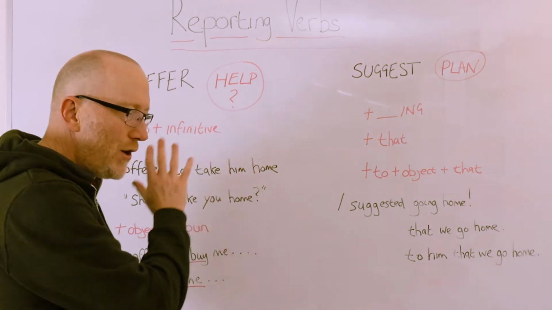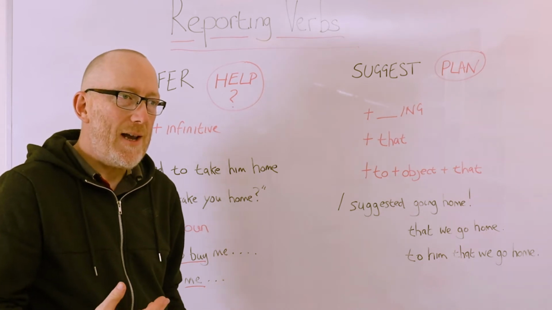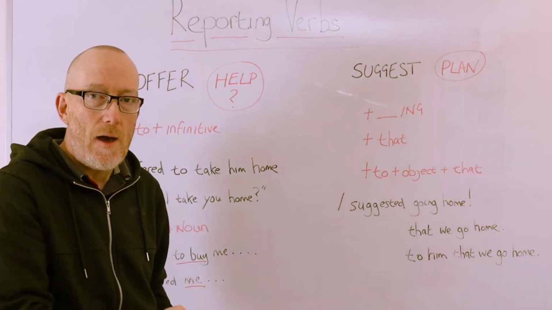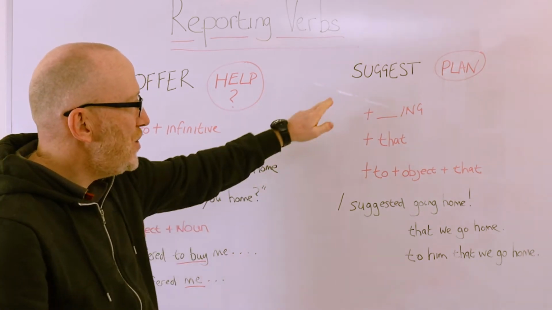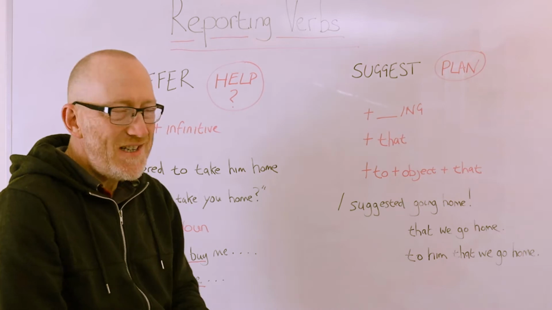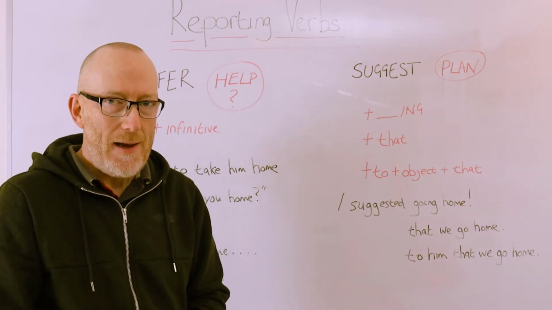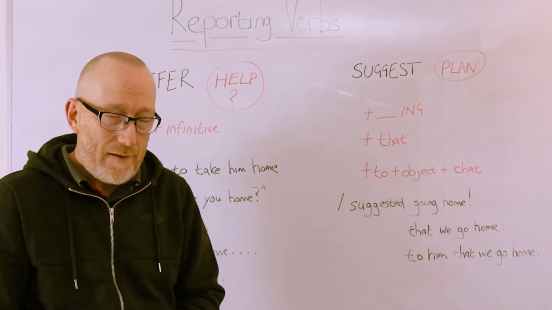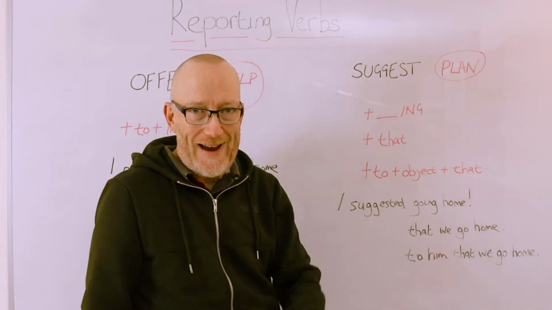So whenever you use the verb offer, it's used in a helping capacity, an offer of help. And suggest is very different, because you're not offering to help anybody. What you are doing is giving somebody a plan of action.